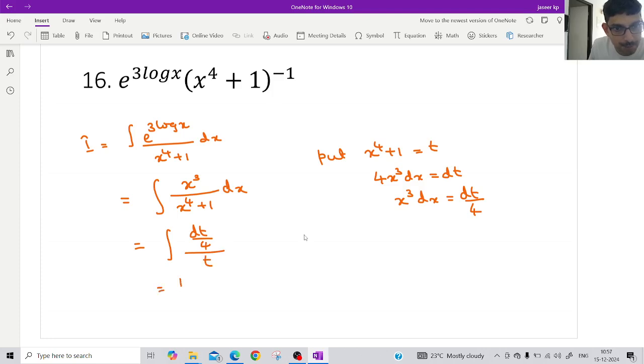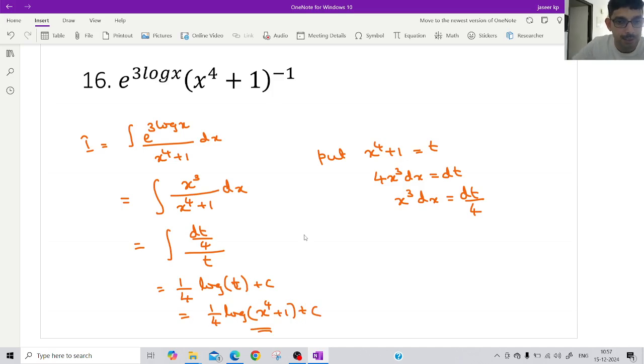So that means 1 by 4 integral of 1 by t, which is log t plus c. So that is 1 by 4 log of (x power 4 plus 1) plus c. So this will be the answer to this particular problem, 1 by 4 log of (x power 4 plus 1).